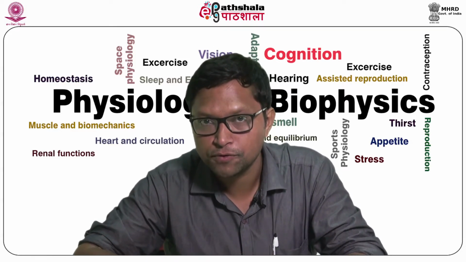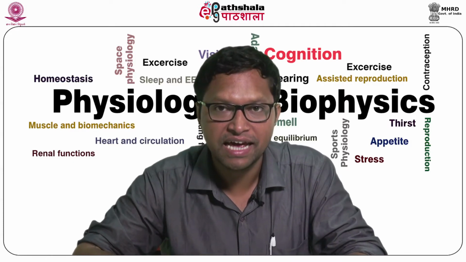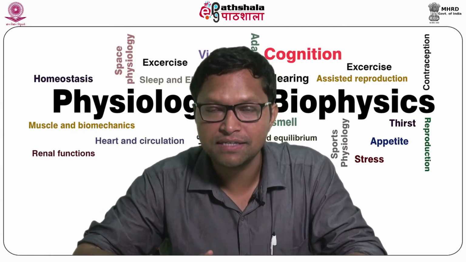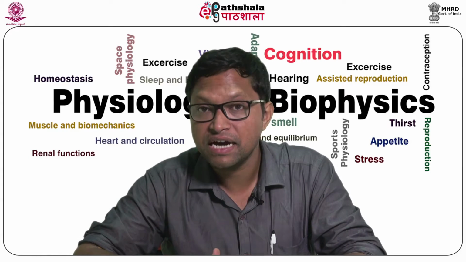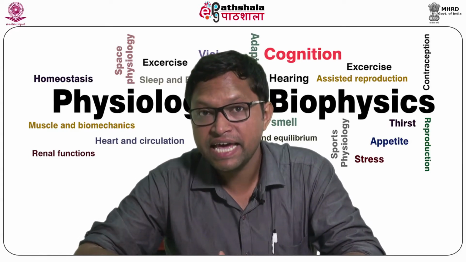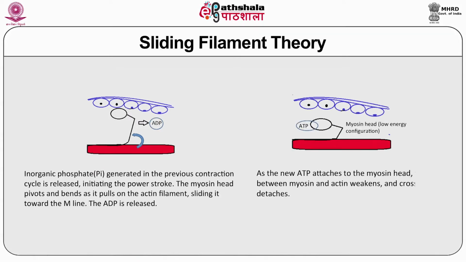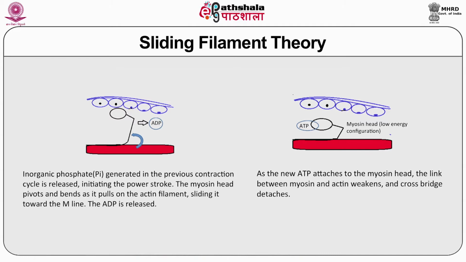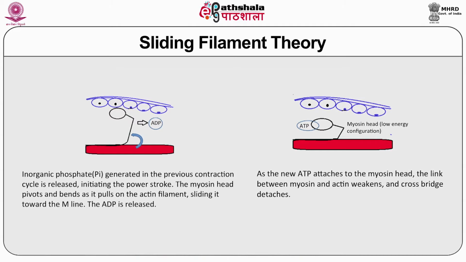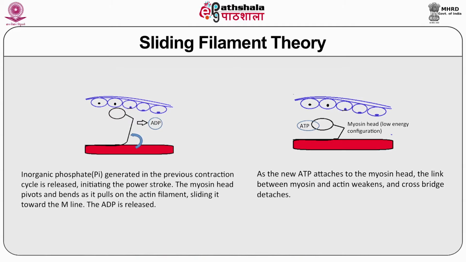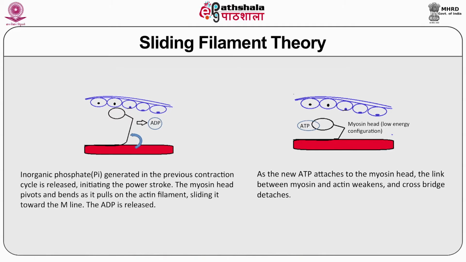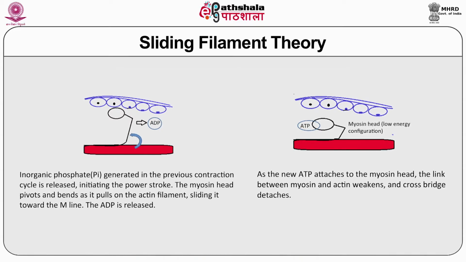Now, let us suppose that an action potential has arrived via the sarcolemma, and with the help of T-tubules, it has spread inside the cell. Now, this depolarizing current causes a conformational change in the DHPR and ryanodine complex, which in turn leads to the release of calcium in the cytoplasm.